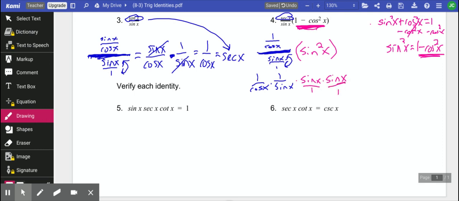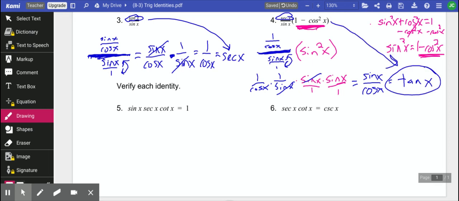And now we're multiplying all of these fractions. We are allowed to cancel things on the diagonal, so one of those sines cancels. So on the top, we have sine x, and on the bottom, we have cosine x. And sine x over cosine x is tangent x. So that is our answer. Okay? This whole mess simplified to tangent of x.